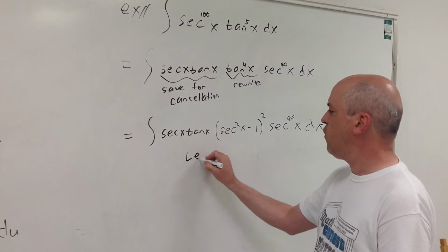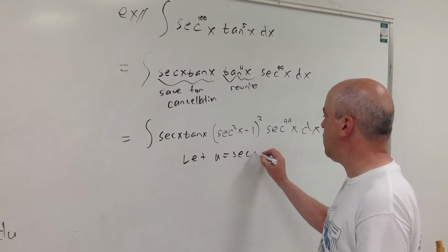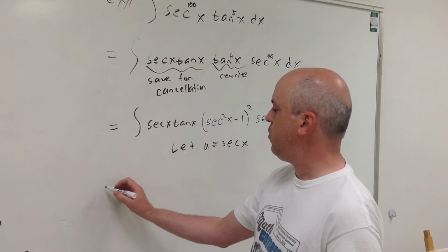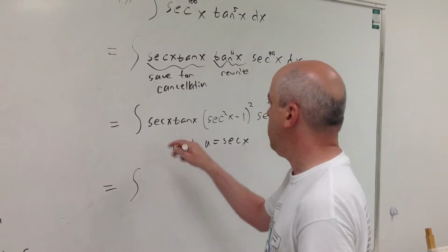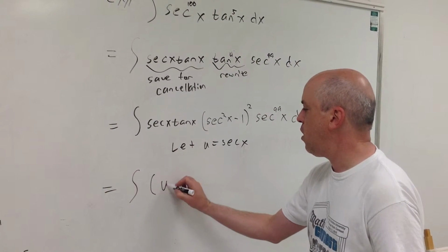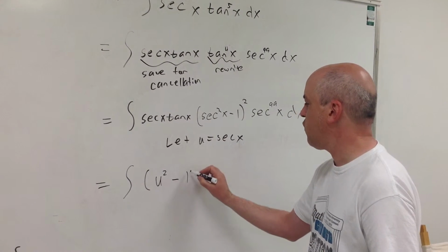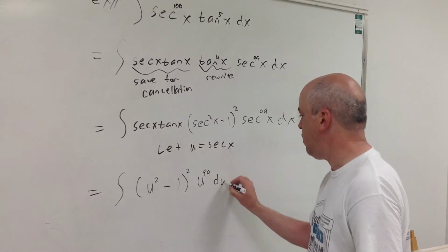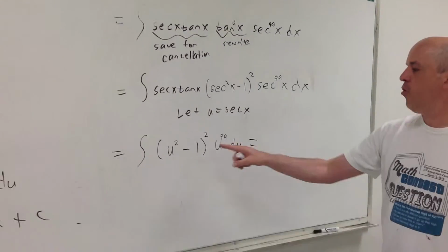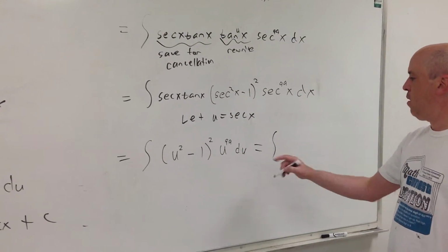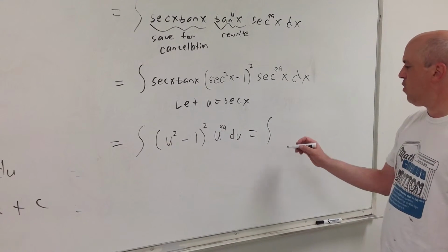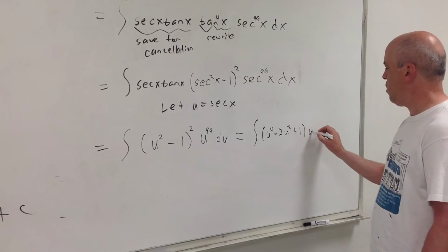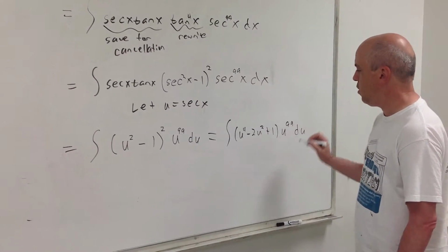So if I let u equal secant, and I'll leave the details of the u sub for you, the secant tangent is going to go away. I'll end up with u squared minus 1 quantity squared times u to the 99 du. So we're going to multiply this out, then distribute the u to the 99 across. u to the fourth minus 2u squared plus 1, times u to the 99 du.